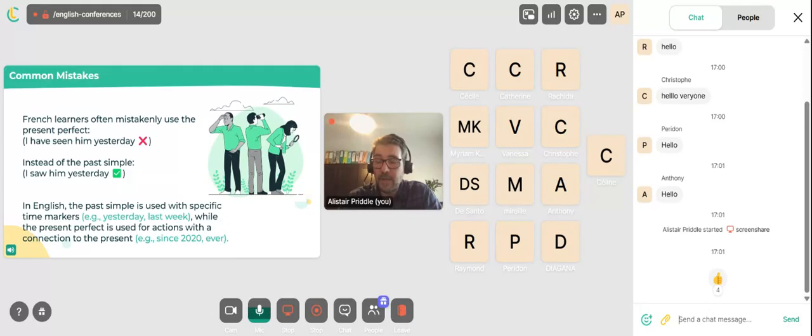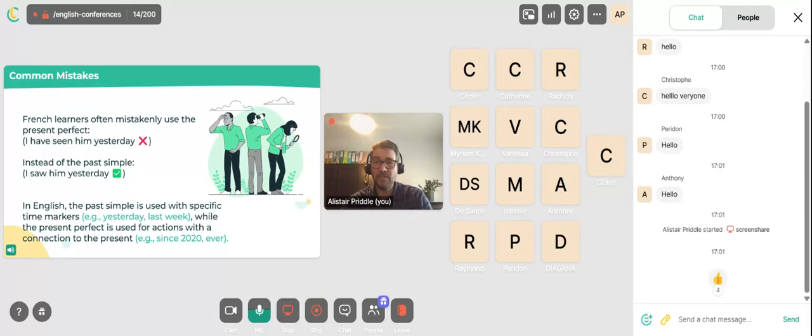French learners often mistakenly use the present perfect instead of the past simple. In English, the past simple is used with specific time markers, e.g., yesterday, last week, while the present perfect is used for actions with a connection to the present, for example, since 2020 or ever.